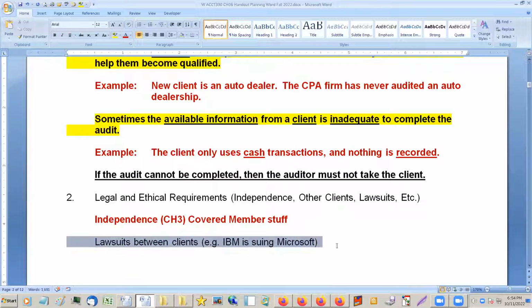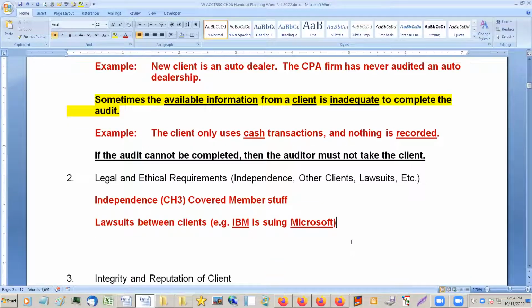They probably are, or one of them is probably suing the other one for something, I'm sure. But anyway, if you have that conflict between those two, remember you have fiduciary duty to each one of those. So this can cause a conflict that you may not be able to take one because of the other one. So lawsuits between clients, lawsuits between the CPA firm and the client.